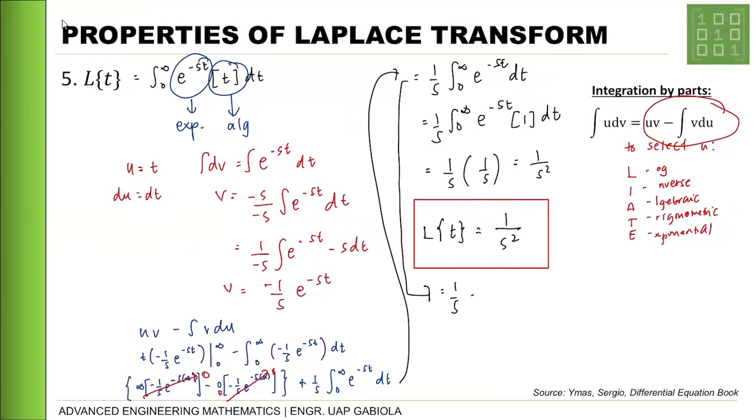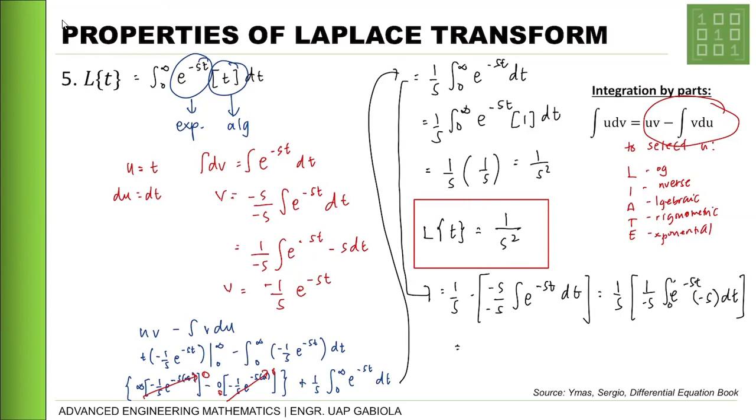So, we need to multiply negative s over s, e^(-st) dt. Okay? So, we have 1 over s, and then 1 over negative s, e^(-st) dt, which should be negative s dt.